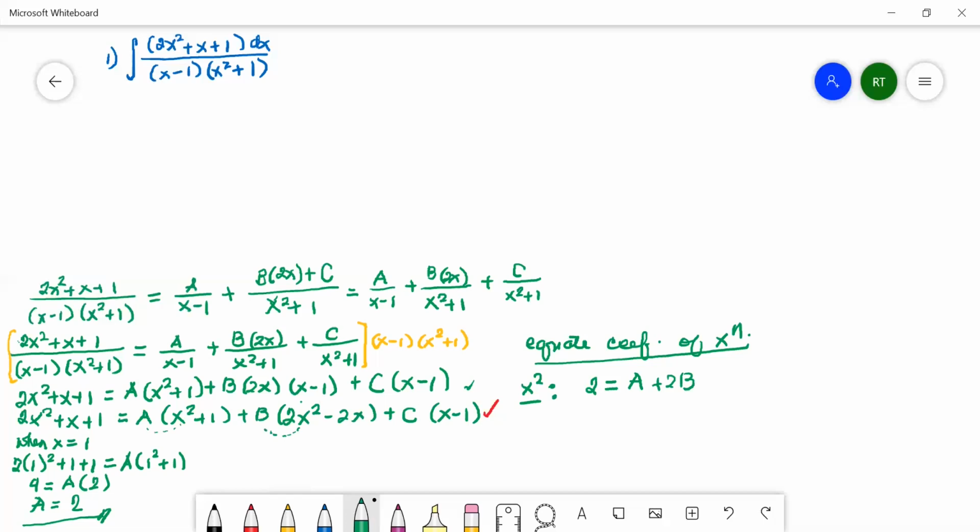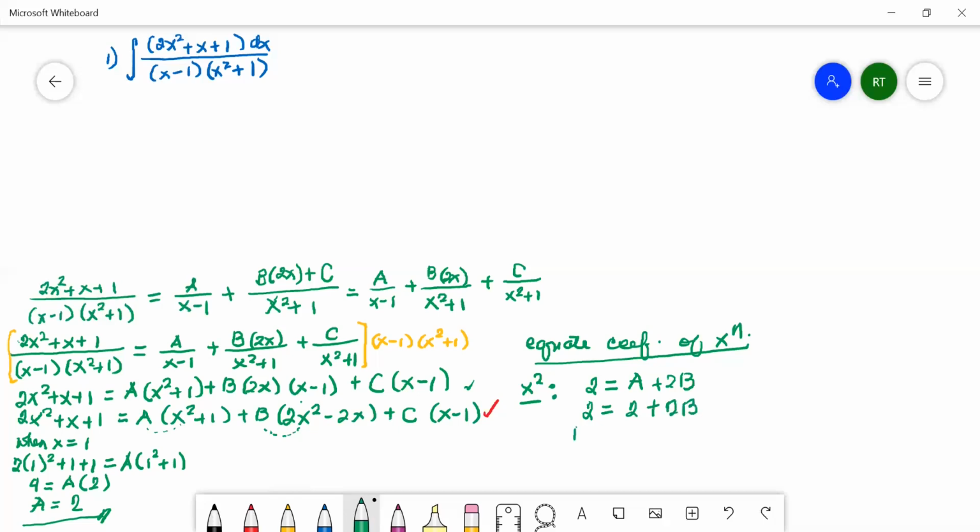We were able to generate an equation in terms of a and b: 2 is equal to a plus 2b. But we have already the value of a, which is equal to 2. So substituting the value of a, which is equal to 2, will give us 2 is equal to 2 plus 2b.